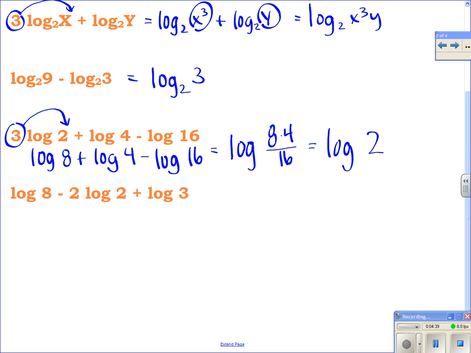All right, this one has a number here. Okay, we're not moving the negative 2 up. The negative just means we're subtracting 2 things. So I'm going to rewrite this log 8 minus log, and 2 squared is 4.